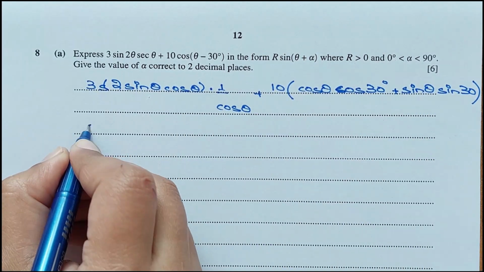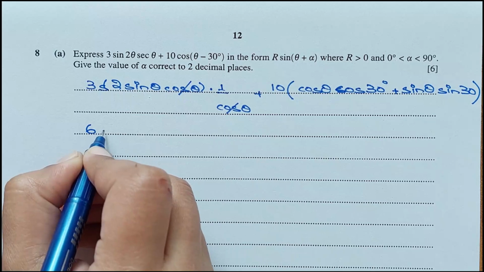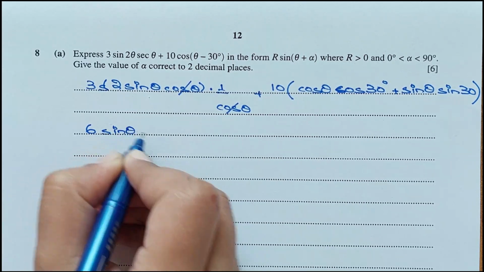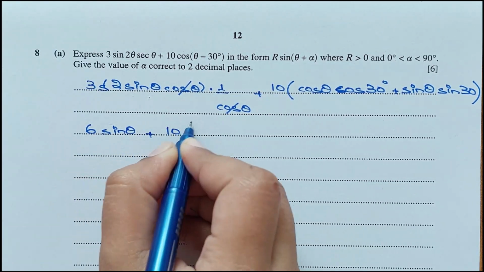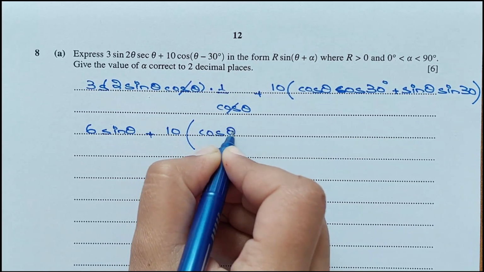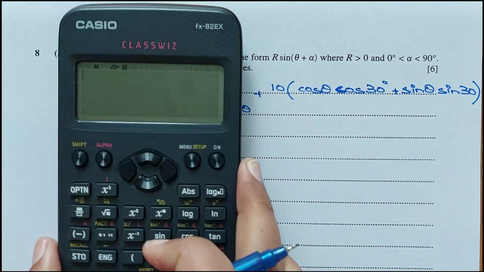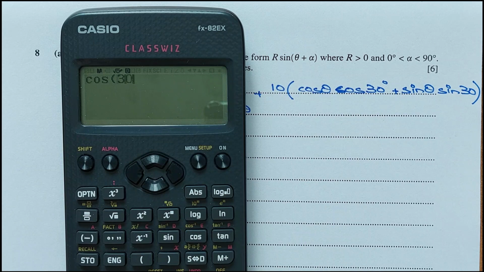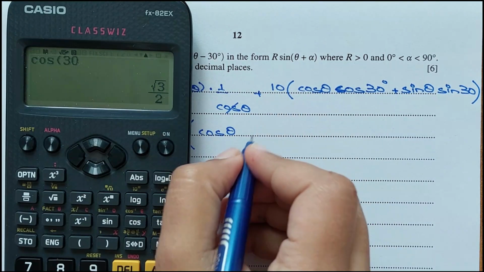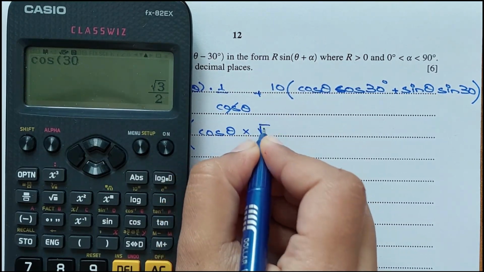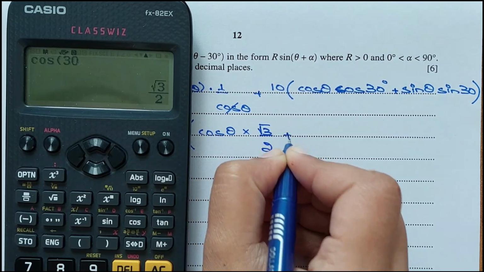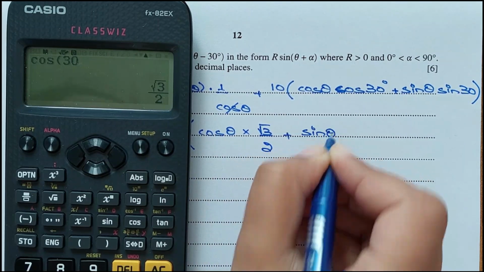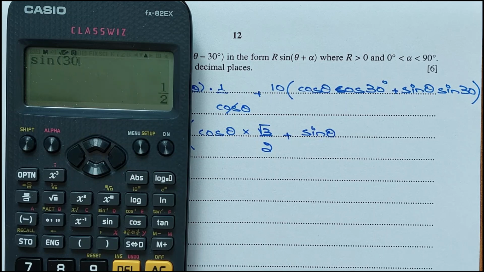So this would be equal to 6. Cos is cancelled with cos. Sin theta plus 10 cos theta. And what is cos 30 degrees? This is in degrees. Cos 30 is square root of 3 over 2, plus sin theta. Sin 30 is 1 by 2.